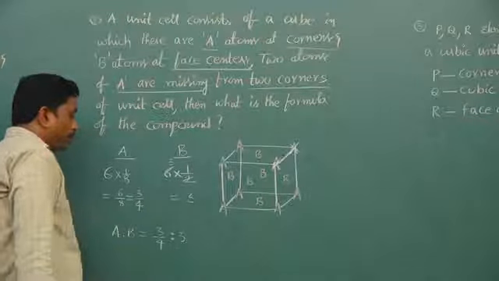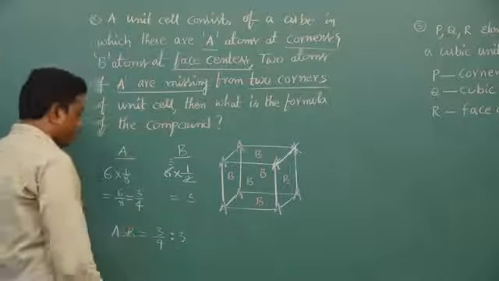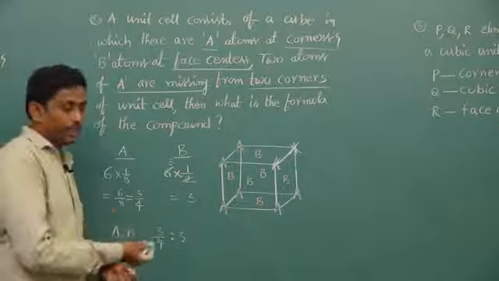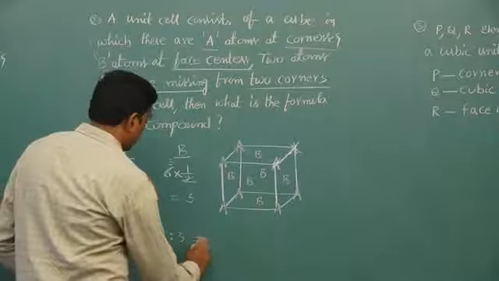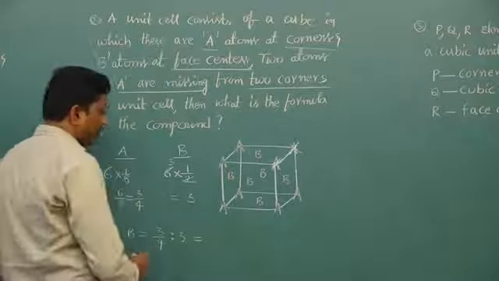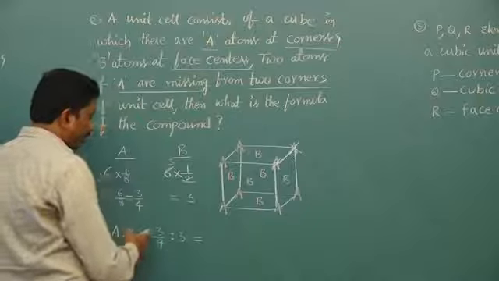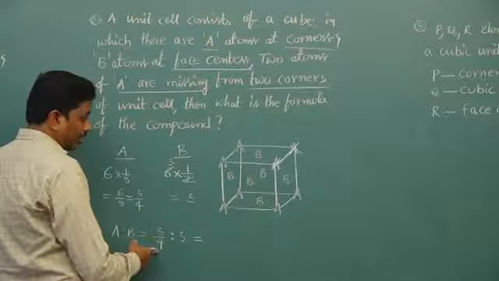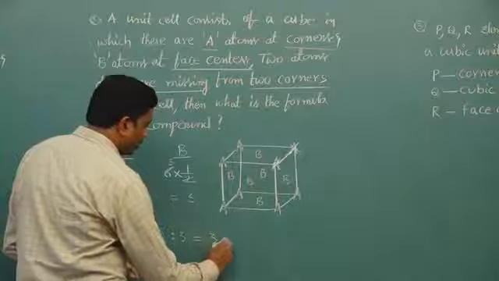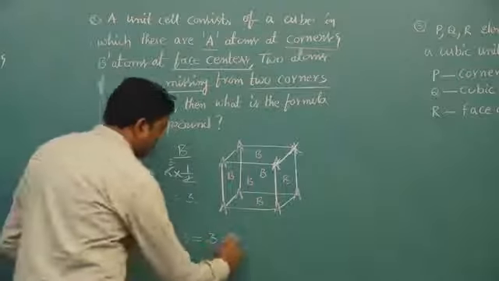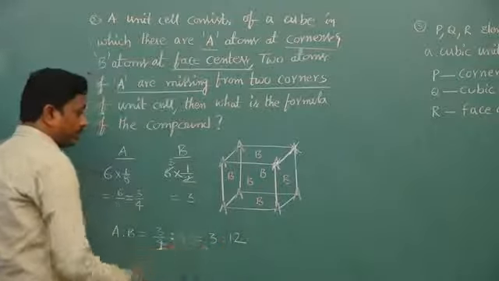Now multiply this ratio with 4, means we need to express it in a simple ratio. If we multiply with 4, 4 gets cancelled, 3 remains, is to 12 here. 4 into 3, 12.